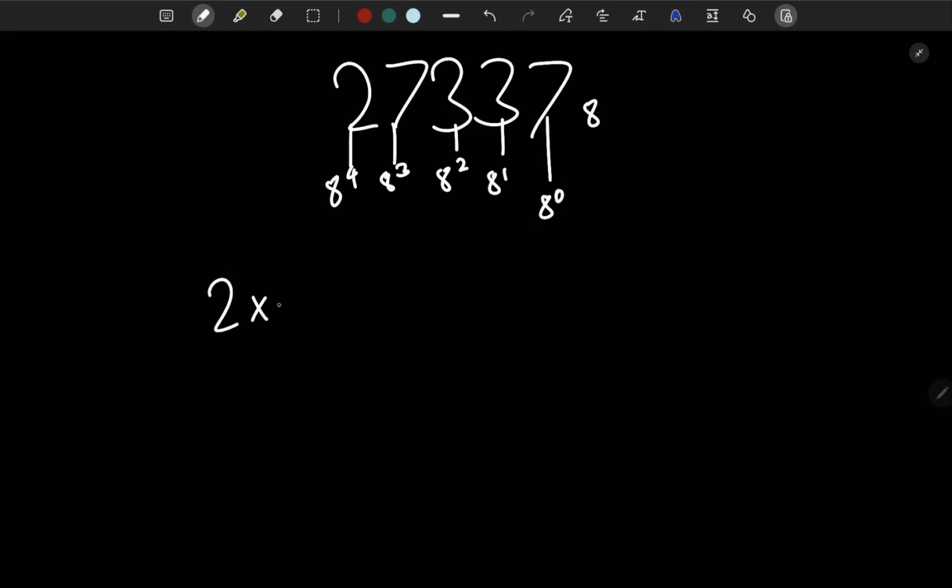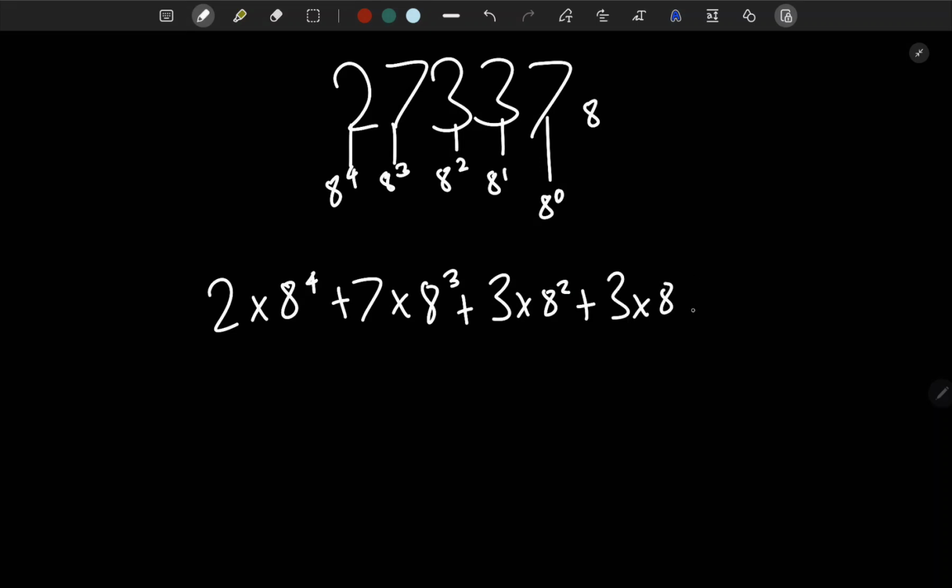Now you do 2 times 8 to the power of 4, plus 7 times 8 to the power of 3, plus 3 times 8 to the power of 2, plus 3 times 8, plus 7, and this will give you the answer of 11999. So this is the decimal representation of 27337.